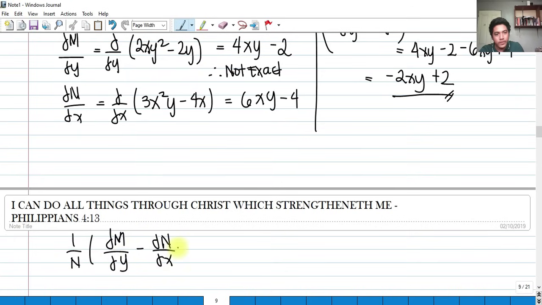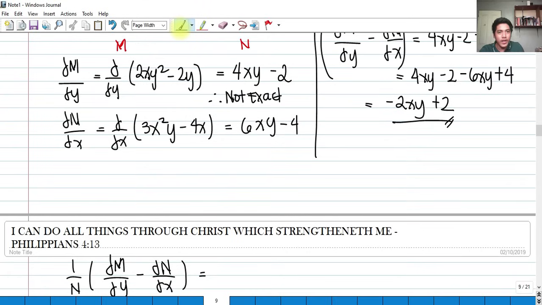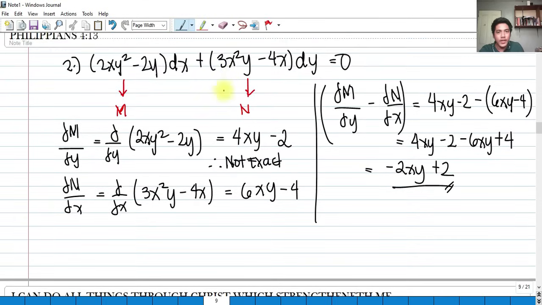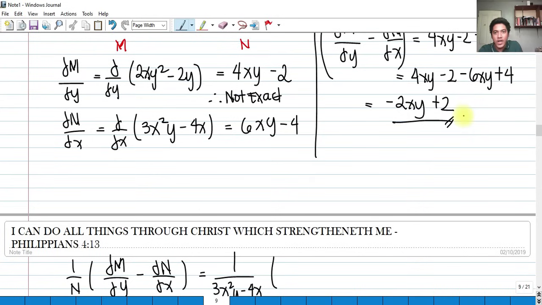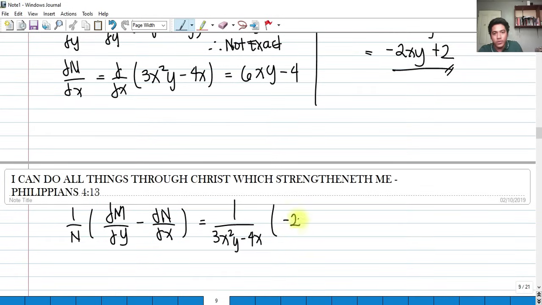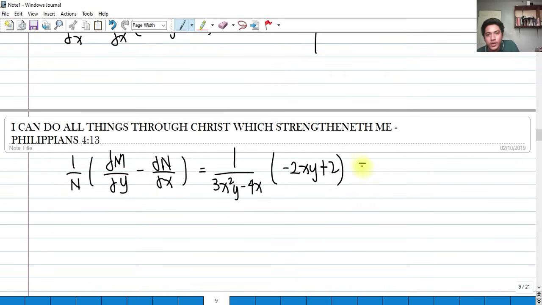And we know that n is 3x squared y minus 4x. So 1 over 3x squared y minus 4x multiplied by the difference, which is negative 2xy plus 2. If we multiply that, we get negative 2xy plus 2 over 3x squared y minus 4x.